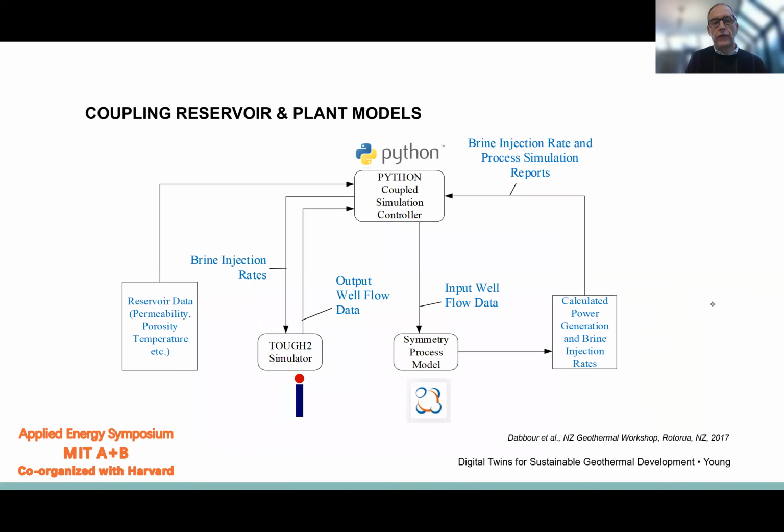So how do we do this? Well, we coupled our simulation of our facilities, which I just mentioned before, which is coded in SYMMETRY, with a simulator of the reservoir in the TOUGH2 simulation software.